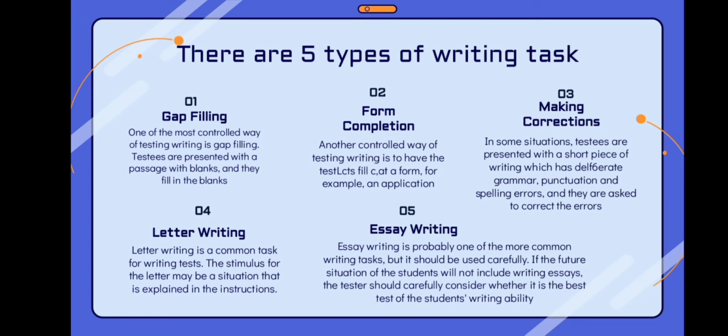The advantage of such a task is that it is at least somewhat communicative, but the disadvantage is that it does not require any connected discourse or any use of language greater than lexical knowledge and a small amount of grammar. And the third is making corrections.